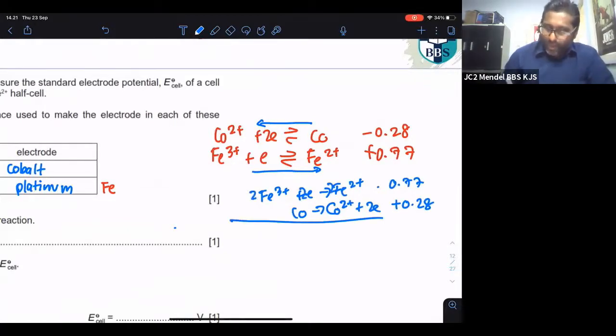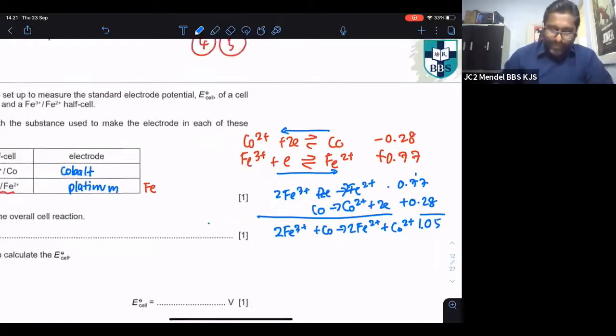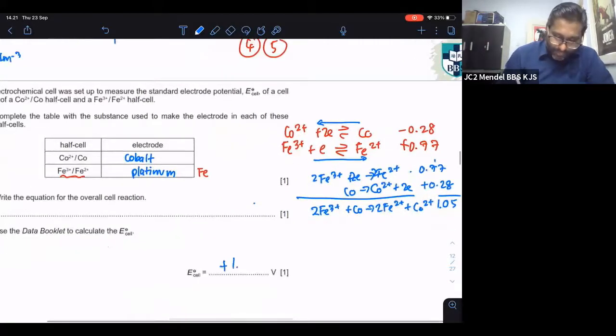So I will have 2 Fe3 plus plus cobalt to give 2 Fe2 plus plus cobalt 2 plus. And this one, if you add, you are going to get positive 1.05.